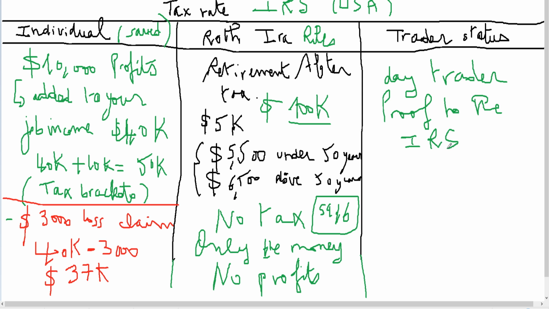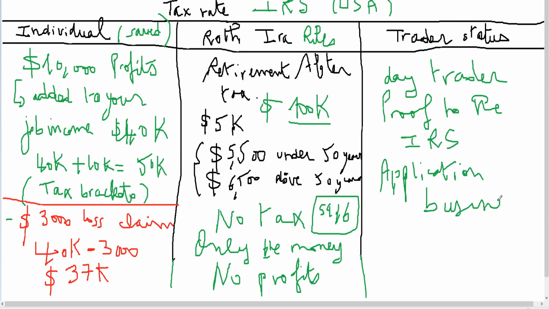It means you should make an application to the IRS itself, not to the broker. It's just the status. Now, what is the good thing if you get this trader status? It means it becomes like a business.